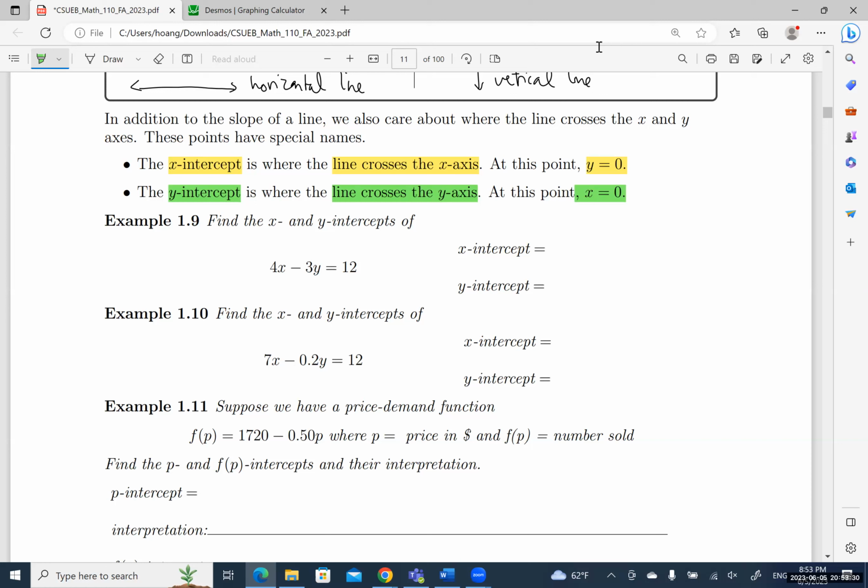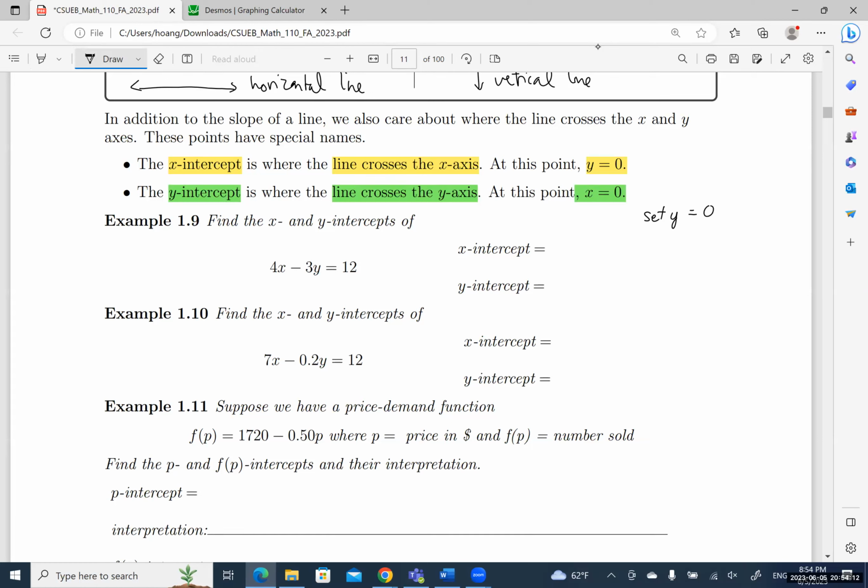In order to find the intercept, let's do a side work. For the x-intercept, you're going to set y equals 0.